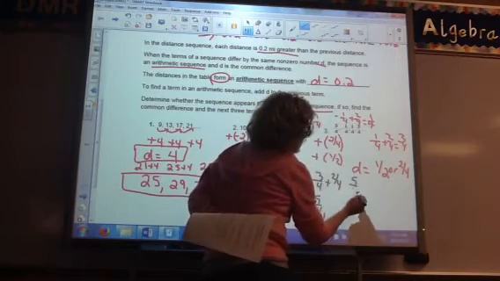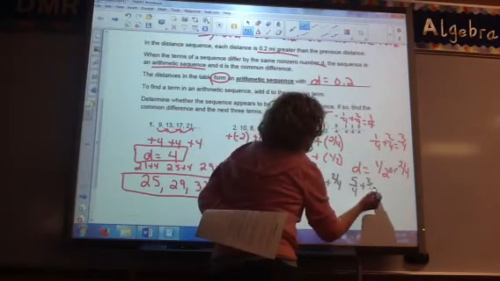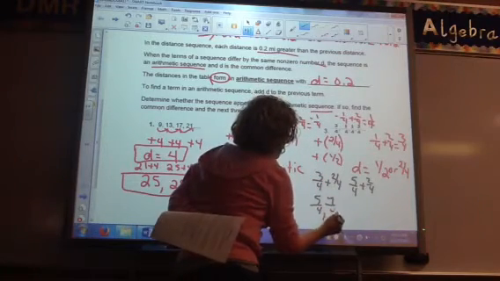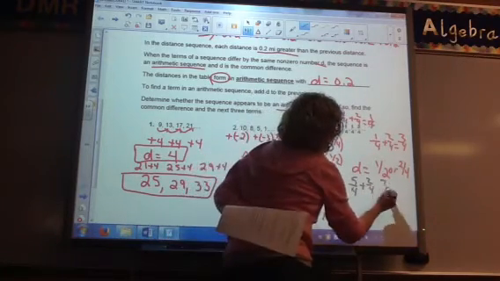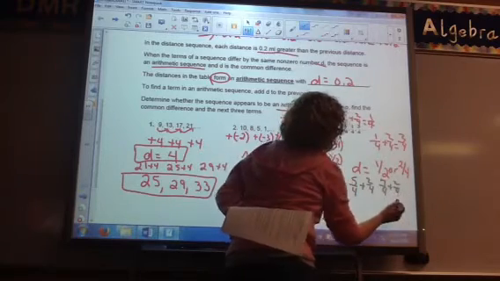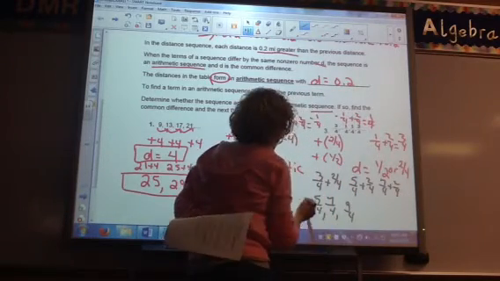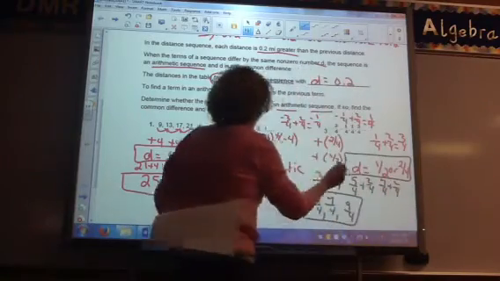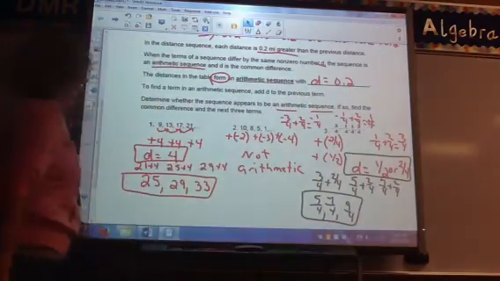Then 5/4 plus 2/4 gives me 7/4. And then 7/4 plus 2/4 gives me 9/4. So here are your next three terms, and here is your arithmetic sequence.